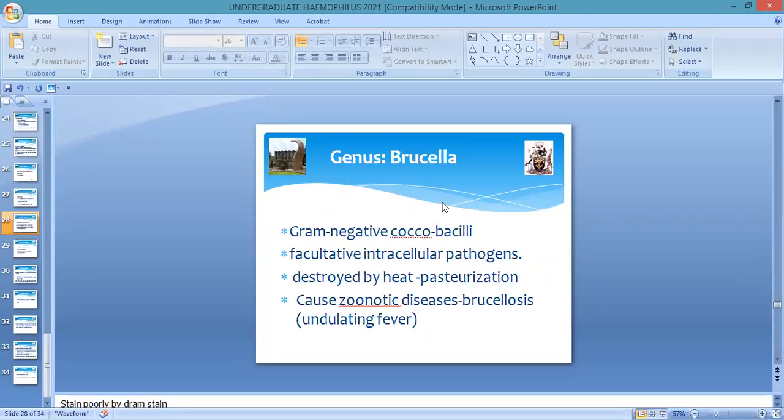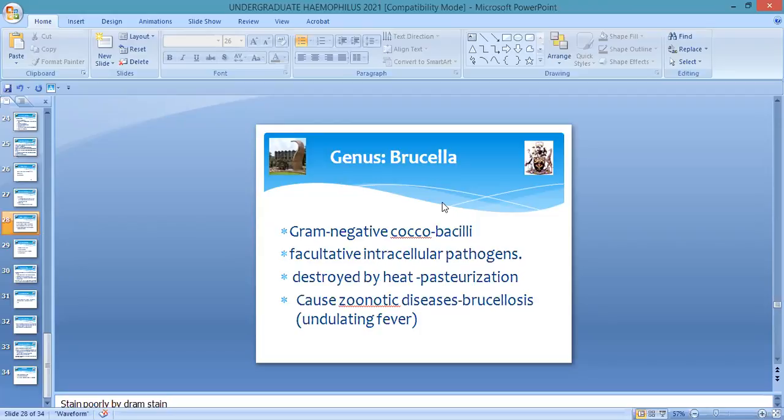So Brucella are also gram-negative coccobacilli, and they're regarded as facultative intracellular organisms. So they exist both in intracellular and extracellular environments. That's why we are saying they are facultative intracellular pathogens.